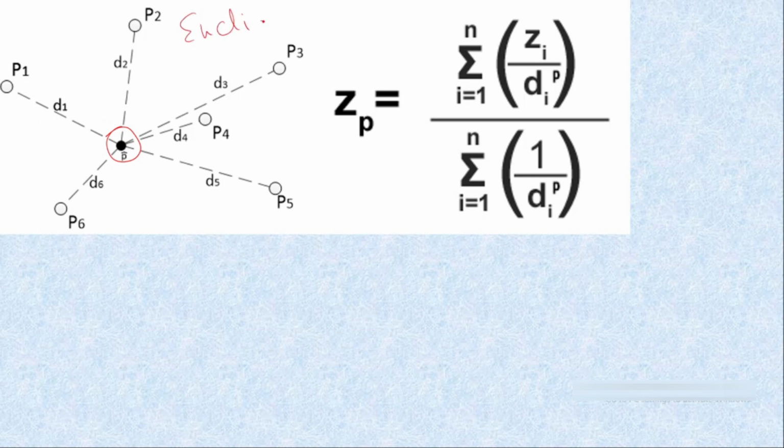Mind you, Euclidean distance is used here. Euclidean distance is the shortest distance possible between these 2 points. So you know the distance between these 2 points and also the values of other points surrounding this unknown point. If you are aware of these values, you can very well calculate the value for the unknown point that is given to you.